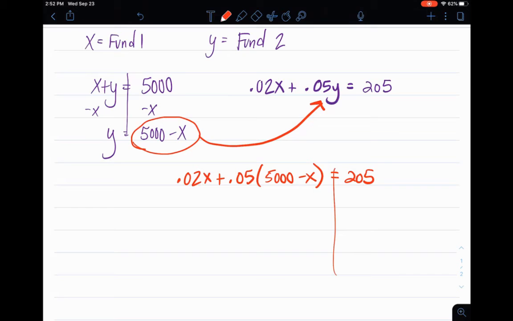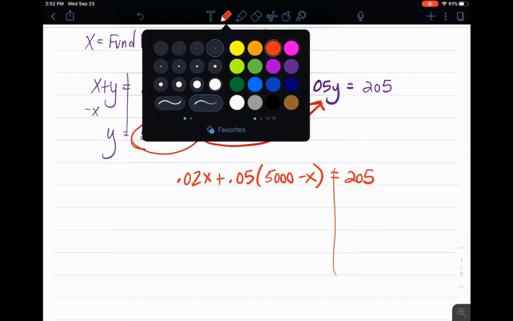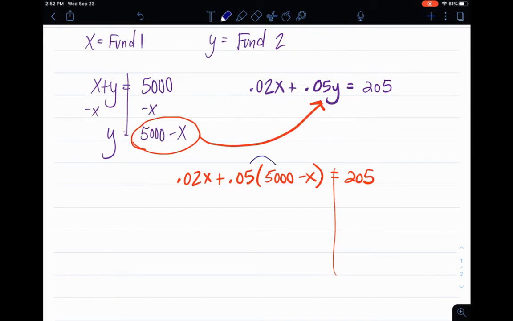Now what we've done is we've made it where we only have one variable. And if I just have the one variable, then I can actually solve it. What is 0.05 times 5,000?